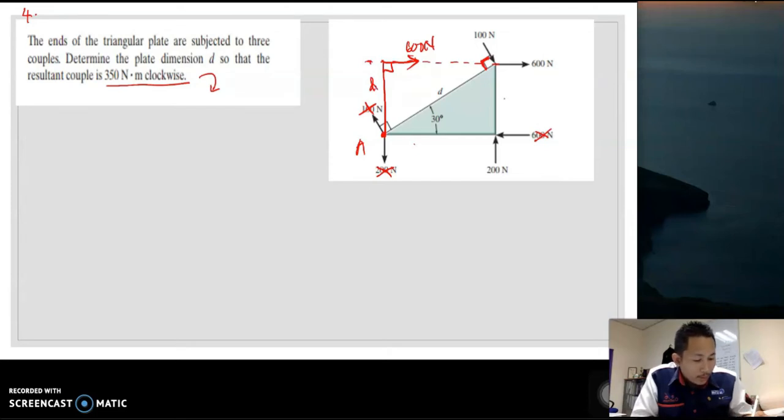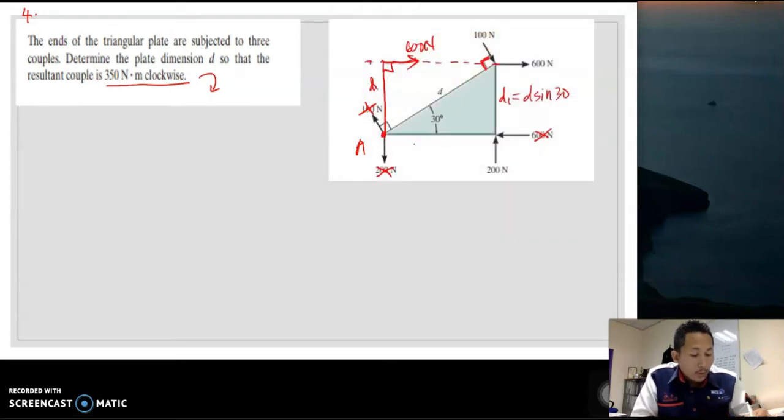D1 is here. So D1 is actually D sine 30. Okay, and another force: the first one is 100 Newton, then we find our D for 600 Newton.